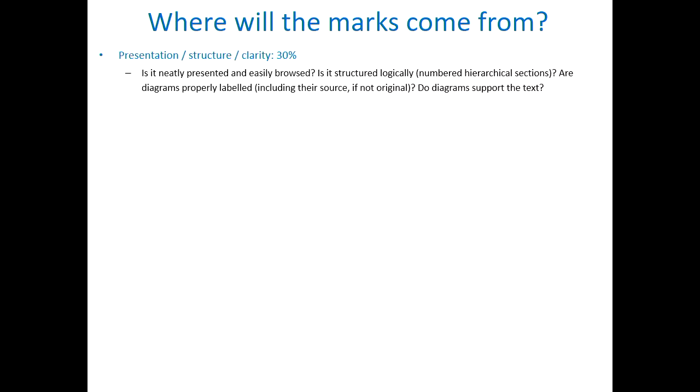So where will the marks come from when I'm marking your reports after you submit them after week 10, I think, was it? Week 9 or week 10? This is what I'll be looking for. So 30% of the mark is based on the presentation structure, whether it makes sense. Can I easily find my way through it?